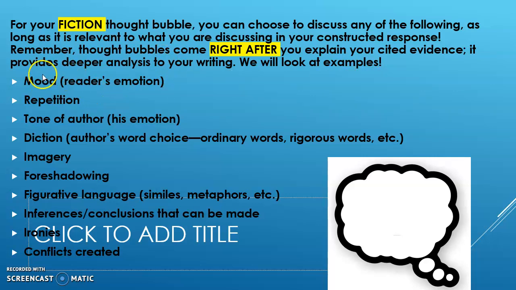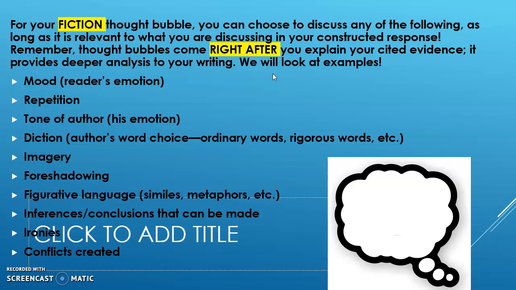So here is what I call the fiction thought bubble menu. You can choose from mood, repetition, tone, diction, imagery, foreshadowing, figurative language, inferences, ironies, conflicts. This is what I call all the Englishy stuff. So let's say I just cited from the text and I said, on page 57 of the text, Johnny states, blah, blah, blah.